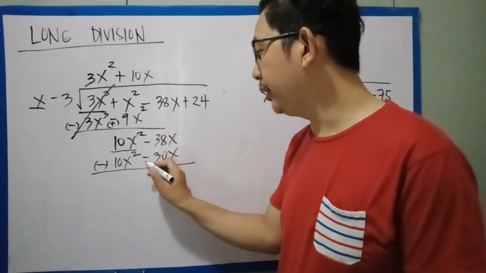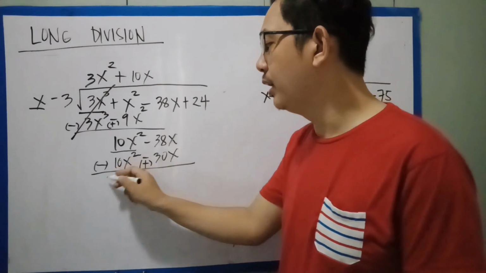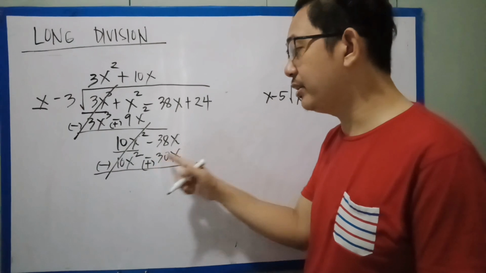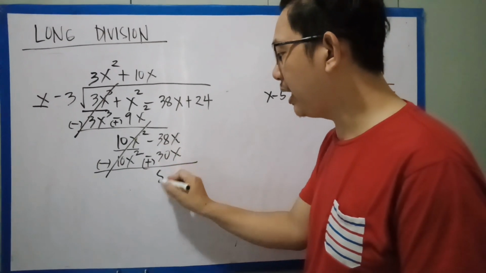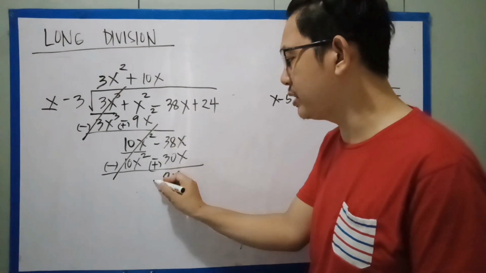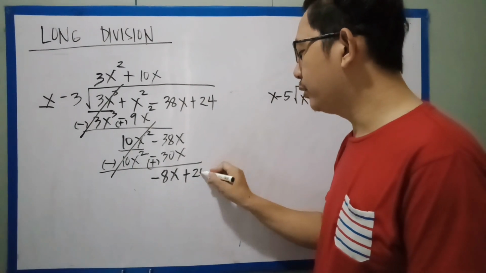Then, negative magiging positive. So, 10x squared minus 10x squared, cancel na yan. So, we have here negative 38x plus 30x, unlike signs. So, subtract natin 38 minus 30 is 8x. Then, copy the sign of the bigger number, 38. The sign is negative. So, this is negative 8x. Then, bring down plus 24.